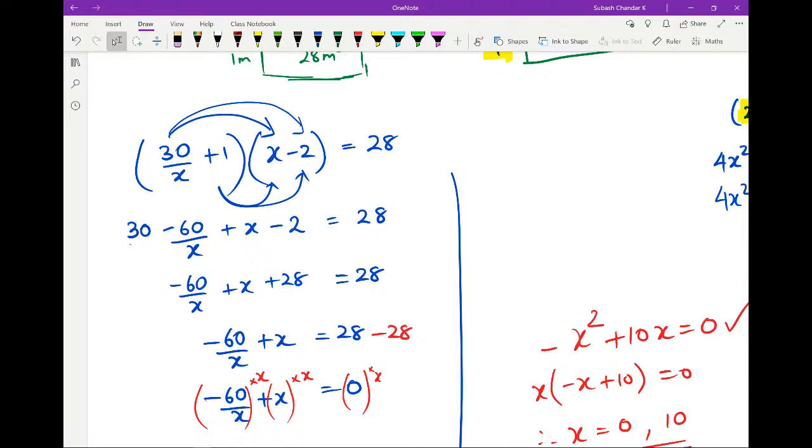Isn't it negative 60 over x, x minus 28? How did you get minus 28? Wasn't 28 minus 28 0?